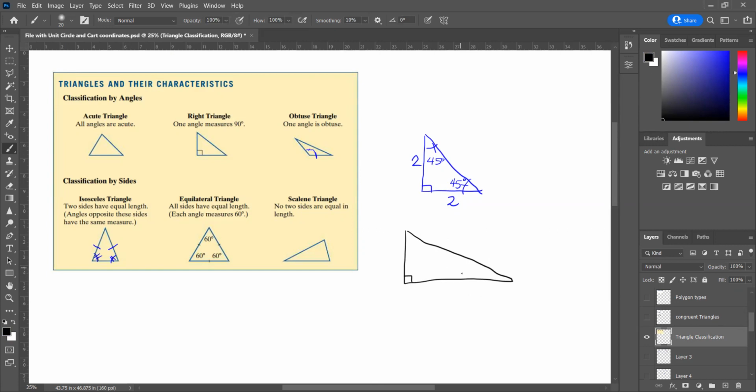As it turns out, with right triangles, I'll label these sides A, B, and C. There is a formula that describes those lengths. It's the Pythagorean theorem. You've probably heard of it. You may even have the formula memorized. And it's a good one to memorize. It only works with right triangles.